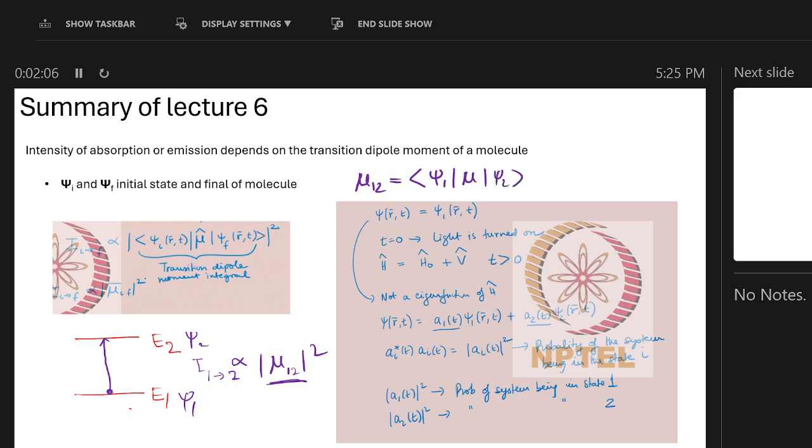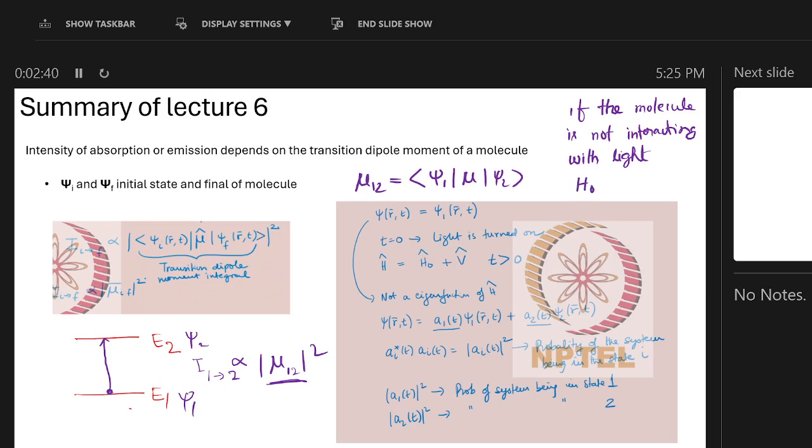So we saw those things in lecture 6, and we also saw that initially, if the molecule is not interacting with light, then the Hamiltonian was H0.